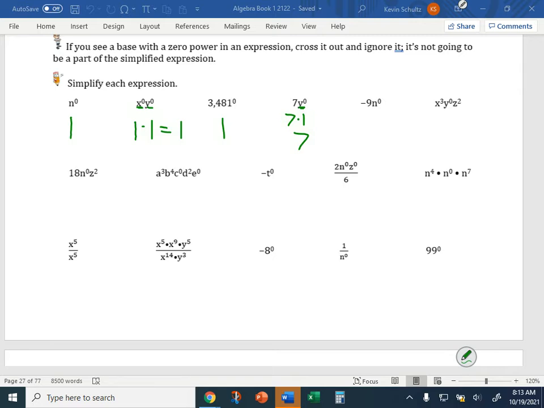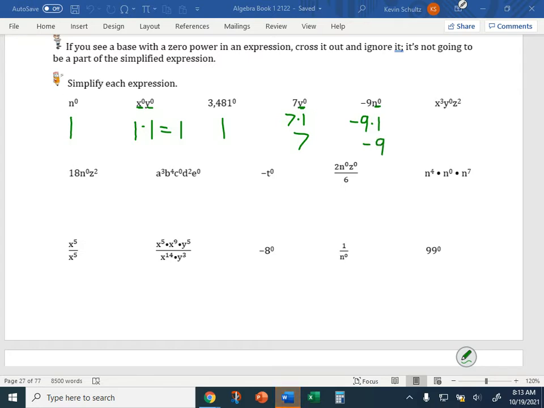Negative 9 to the 0 power. Negative 9. Again, this n to the 0 equals 1. We're multiplying that by our coefficient. So negative 9 times 1 gives us negative 9. Okay?